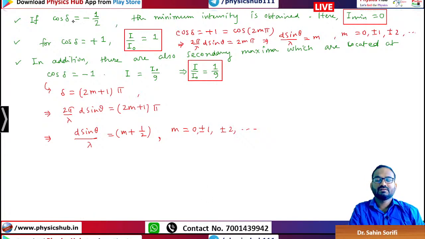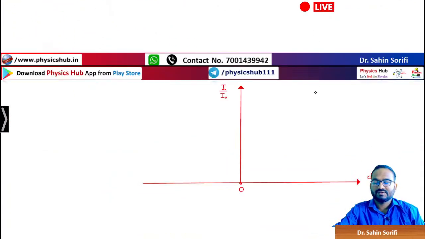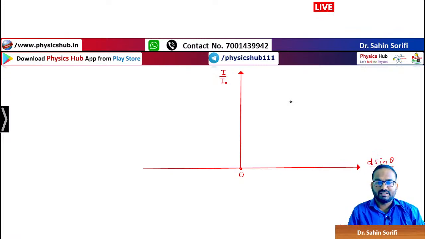Okay, similarly you can also obtain a relation for cos delta equal to minus, the position of the minima. This is proportional to m, you can see. So at whole values you will get the principal maxima, primary maxima, and at half values you will get secondary maxima. So let me just draw the curve first, then you will understand it more clearly.